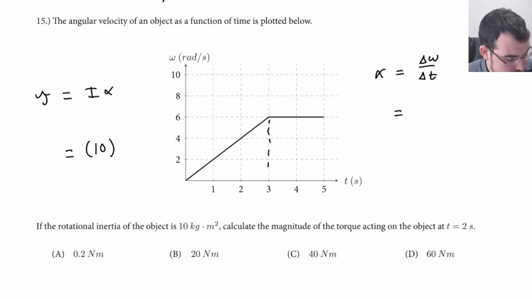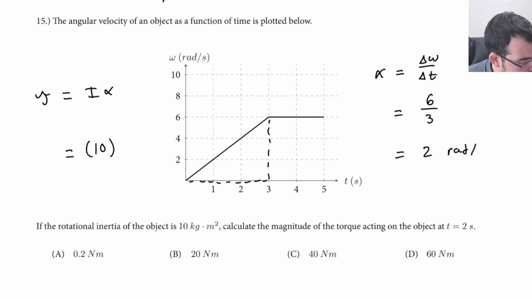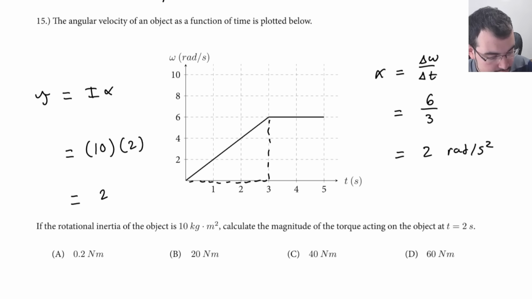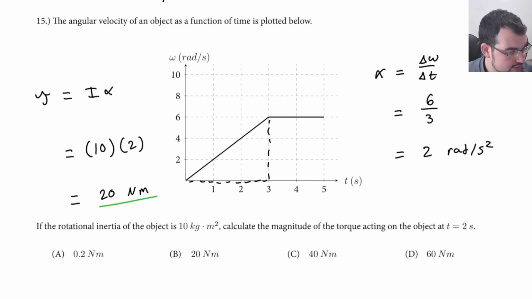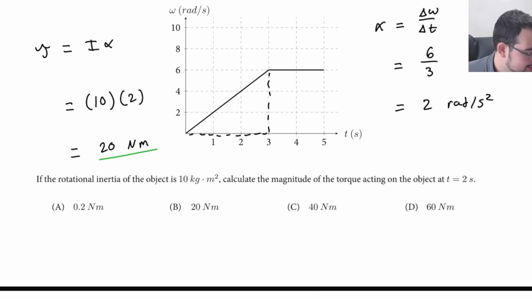At t equals 2, I'm going to make myself this little slope triangle. I gain 2 radians per second squared because I go up by 6 and over by 3. This is pretty standard. I forget if this was level 1 or level 2, but I'm guessing this was level 1. You just had to take the slope.